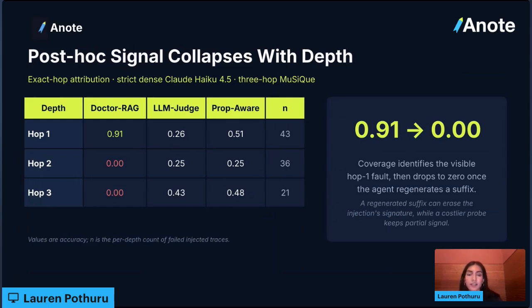So coverage catches the visible hop 1 fault, but once the agent is regenerating these follow-up hops, the injection signature is erased and we're not able to actually trace back to that original hop and see also the type of failure that was injected at that hop. Notice that the judge in the frozen hop probe keeps some partial overlapping interval signal. So this is about lost post-hop information, not just end-to-end task accuracy.